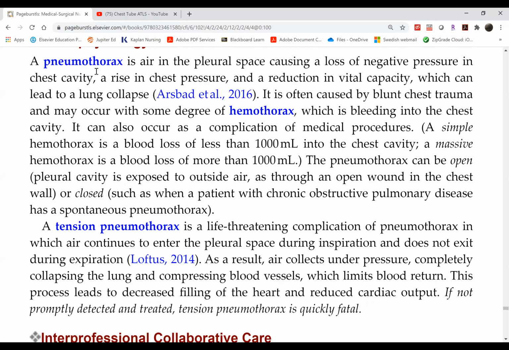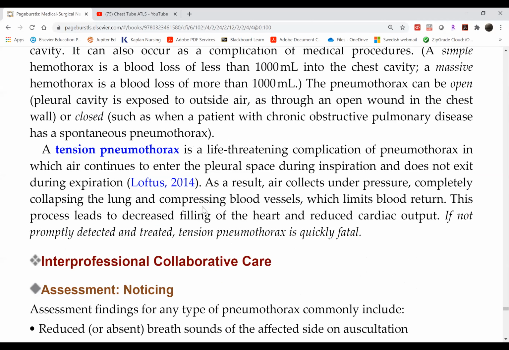Now it's called a simple pneumothorax if the hole where the air is coming from, which is now collecting in the pleural space, is leaking out small amounts of air, meaning the way the pneumothorax developed is slow.